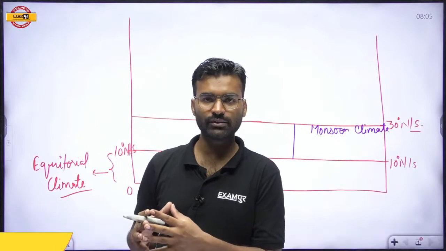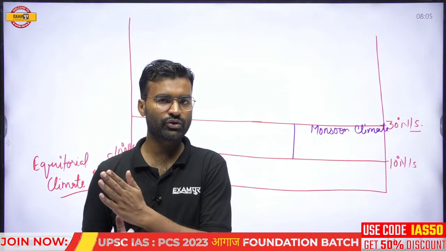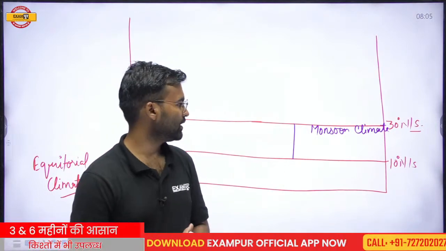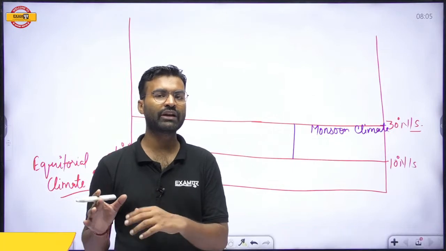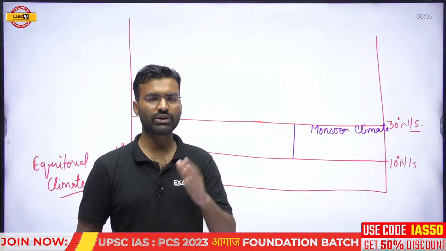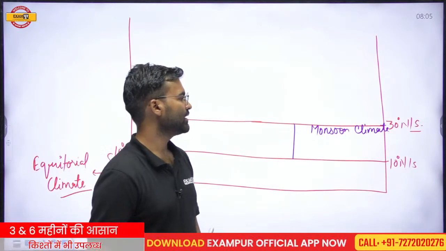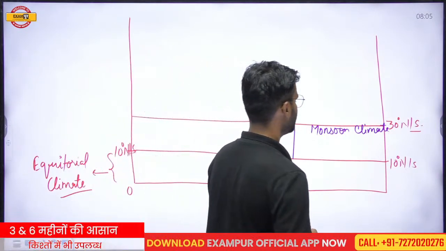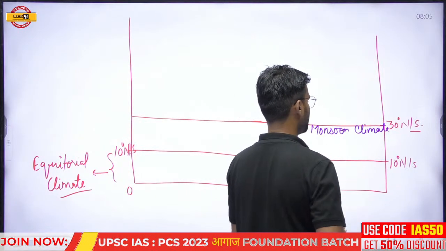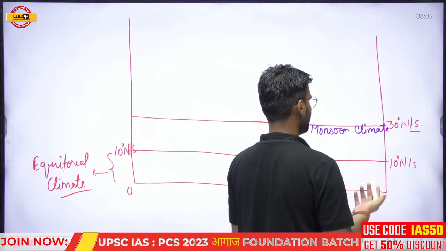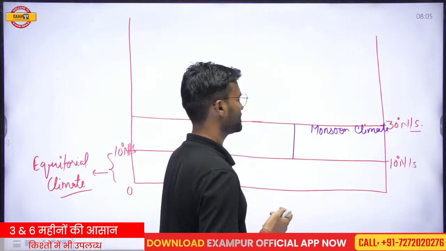That is why wind moves from the ocean to the land mass, bringing humidity from the ocean and resulting in precipitation on the land mass. So the monsoon climatic zone has heavy rainfall during some months of the year, and some months of the year are dry.